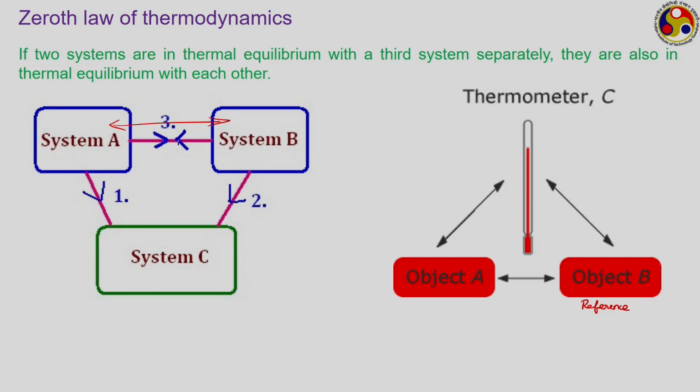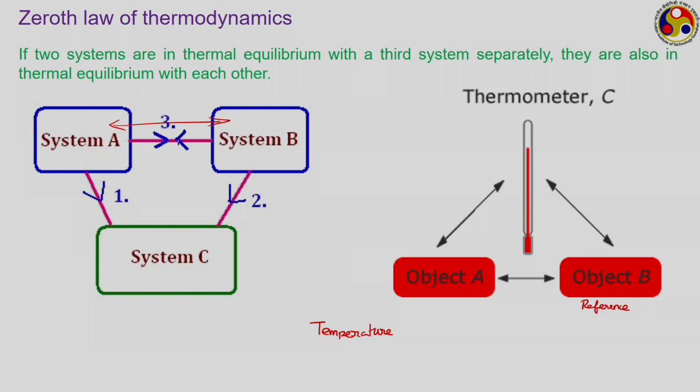The second important concept that it gives is the concept of temperature. Temperature can't be defined without the zeroth law of thermodynamics. We can only say that this one is hot, so it is at higher temperature, this one is cold, so it is at a low temperature, but that is only perception. But from zeroth law of thermodynamics we can say that temperature is the property which is essential to ensure the thermal equilibrium.